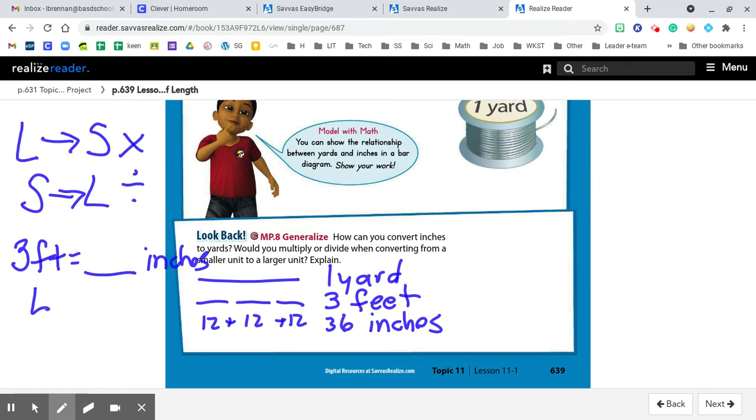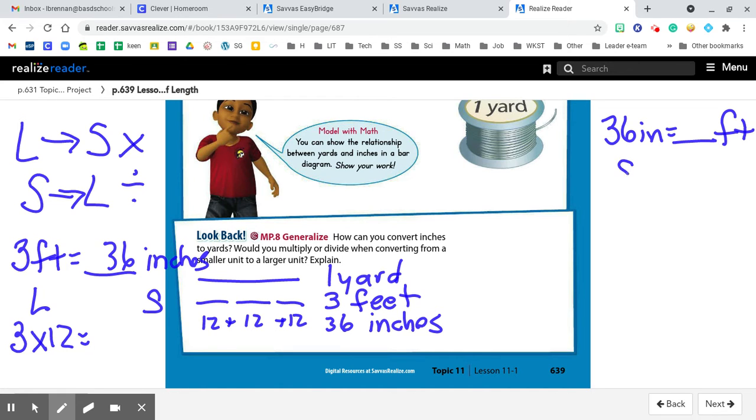The larger units are feet, the smaller units are inches, so we're going to multiply. 3 times 12 equals 36. If we're going to go in the other direction, just say we have 36 inches, and we want to know equals how many feet. So in that case, we're going from a smaller unit to a larger unit, so we're going to divide. 36 divided by 12 equals 3.